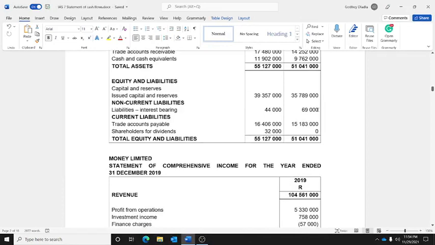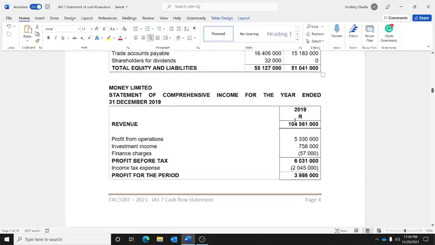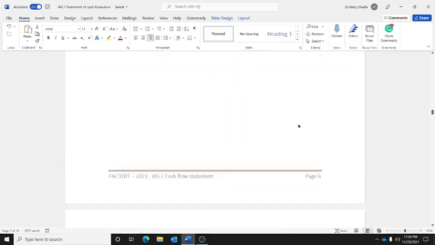Let's see. 69 minus 44. What do we get? Because the opening credit side is 69 minus the 44 that will sit on the debit side, so it's 25,000 your movement. So your liability is going down. So that represents an outflow of money because you are paying a debt. You are paying that liability, right?